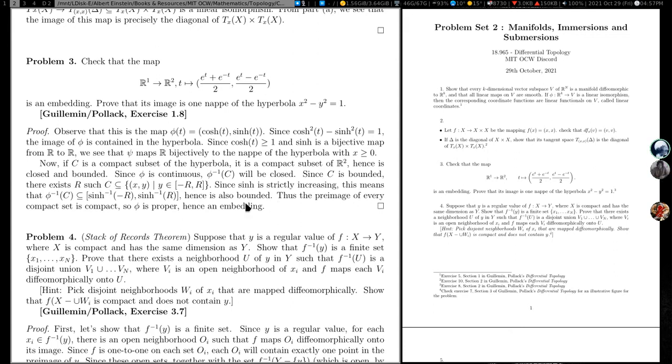Because the hyperbolic sine is strictly increasing, the pre-image of C, which is bounded, is a subset of this. And that means it is also bounded.